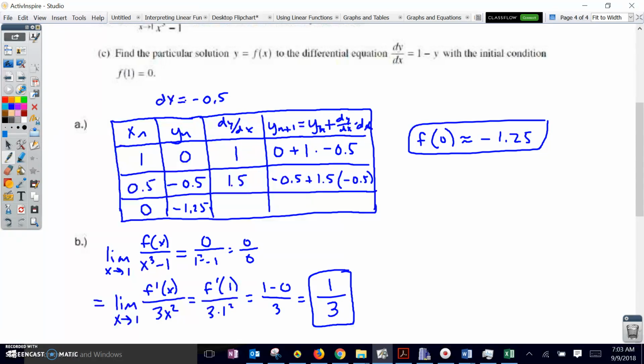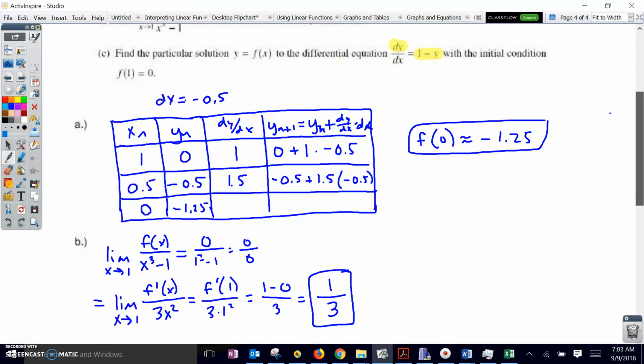Alright, and the last one, we're supposed to find the particular solution to the differential equation, dy/dx equals 1 minus y. The fact that this variable that's on the right-hand side is in the numerator of my differential equation tells me that I'm going to need to use separation to integrate this. And so I'm going to go ahead and do that.